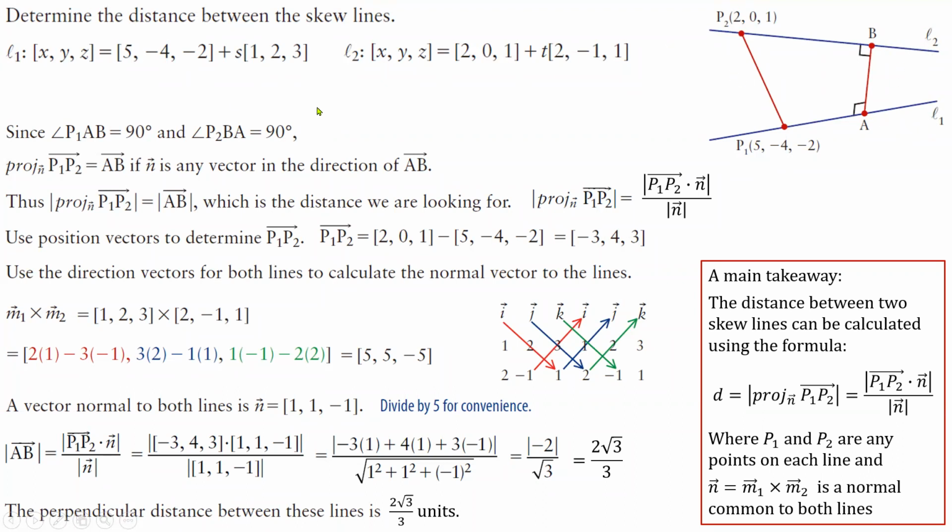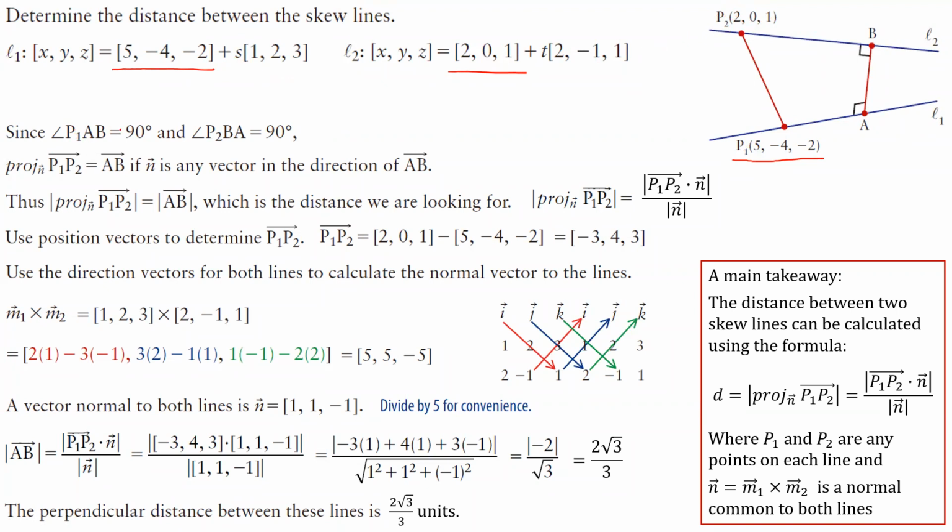Then we also know, according to their vector positions, this point (5, -4, -2) must be on L1, right? Let's denote that with P1. And the point (2, 0, 1) must be on L2. Let's use the letter P2 to denote this point.